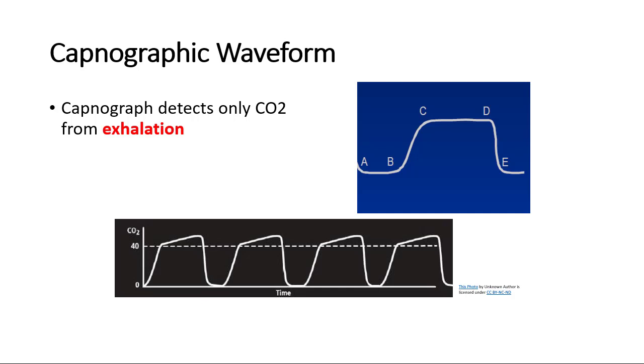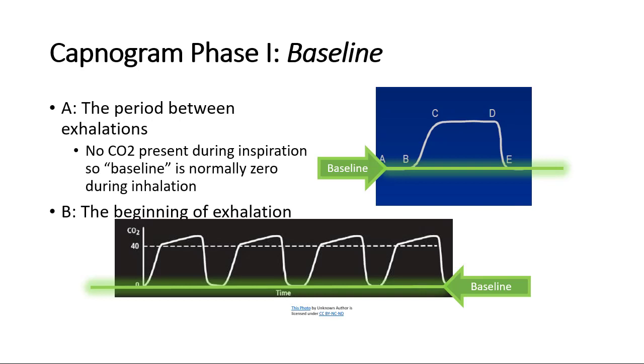Normally, if your BVM is working correctly, the patient's respirations are working correctly, your ventilator circuit doesn't have a lot of dead air space, and your ventilator is working correctly, then you should have 0 End-Tidal CO2 when you inspire back in, which is why your End-Tidal CO2 should always return to baseline.